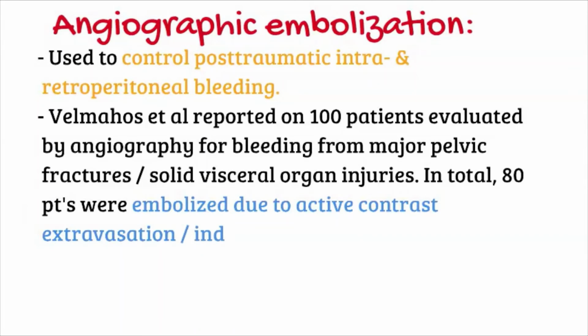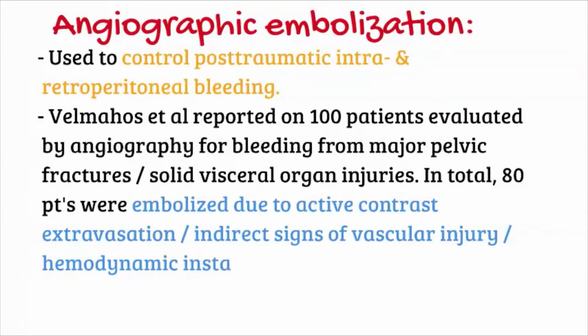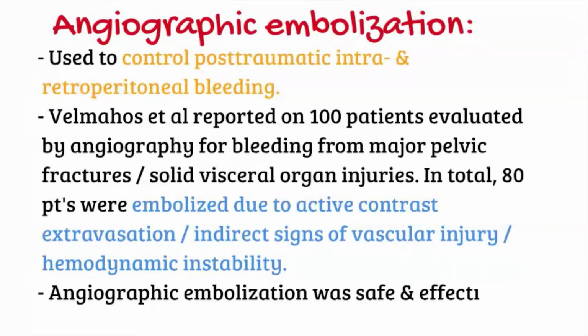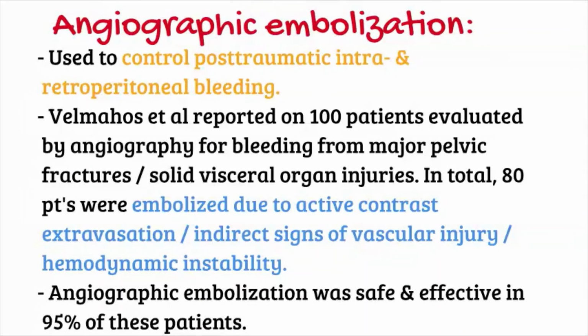In total, 80% of patients were embolized due to active contrast extravasation or indirect signs of vascular injury or hemodynamic instability. Angiographic embolization was safe and effective in 95% of these patients.